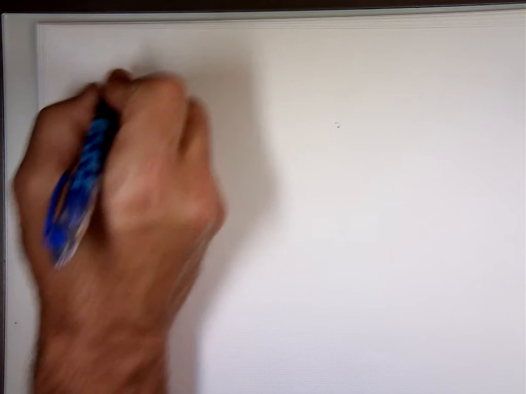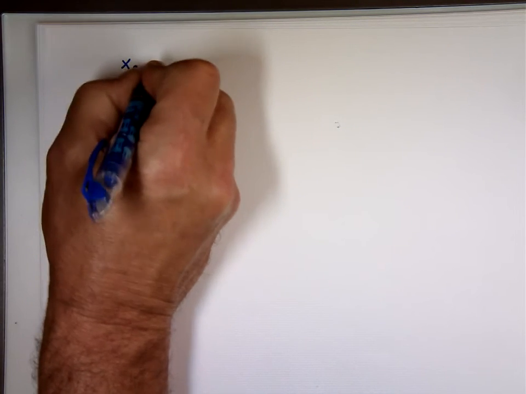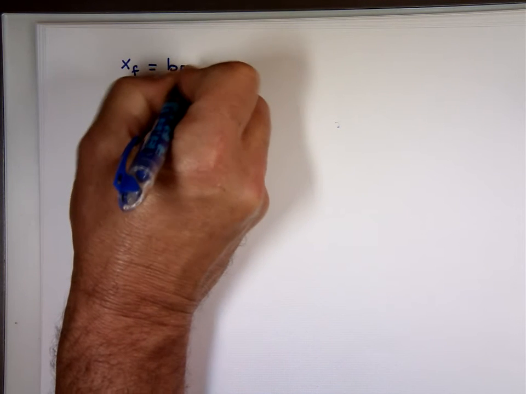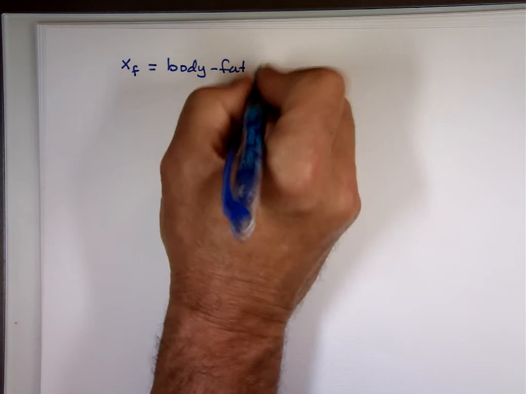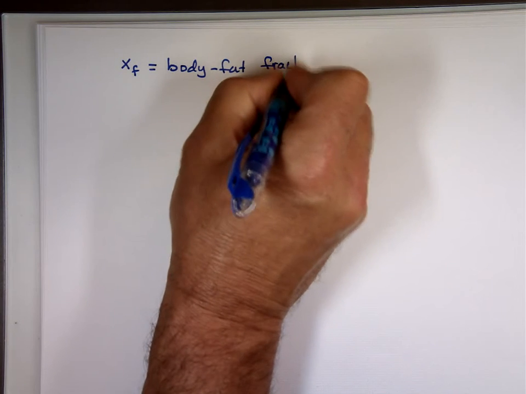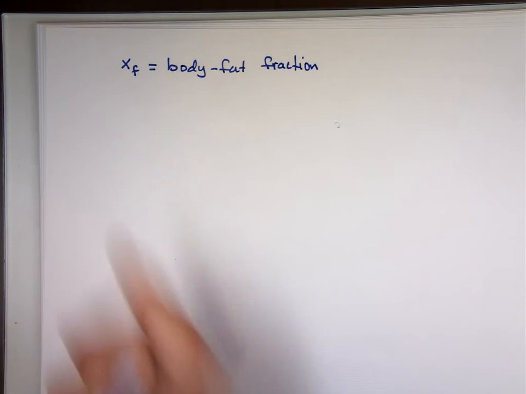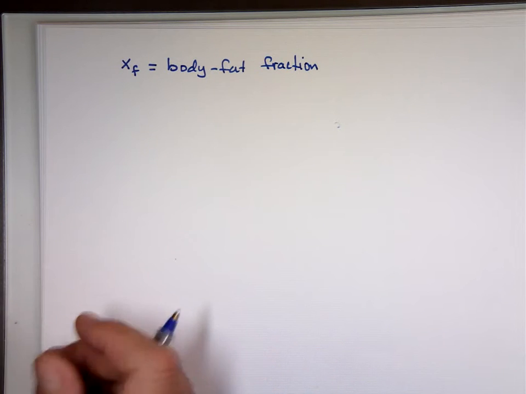They want to know what percent the body fat is. So let's define X of F as body fat fraction. As a fraction, so you can multiply by 100% to make it a percentage.